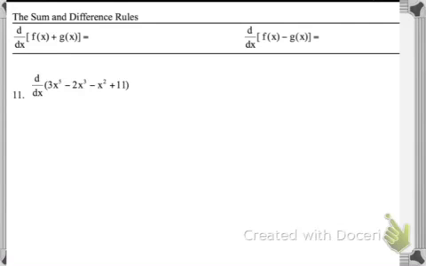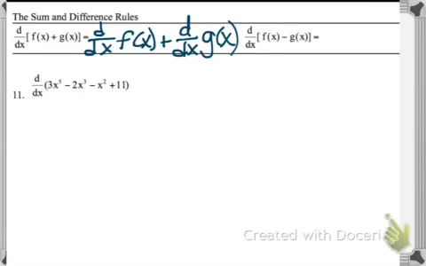So now what if instead of just having one term, I have a whole bunch of terms? And just like you'd think, you could just do the derivative of each one. So formally, the derivative of f of x plus g of x is the same thing as the derivative of f of x plus the derivative of g of x. Which just means you can do each term by itself.